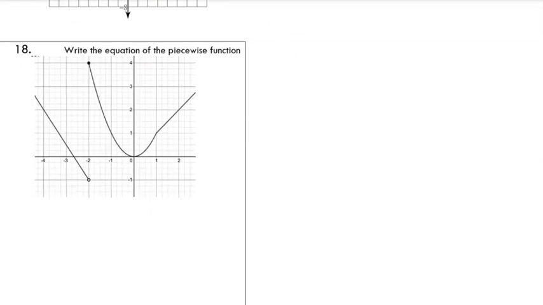Write the equation of the piecewise function. There should be arrows here. Okay, so f of x, or you can put y, equals, looks like there's 3. Let's start with the leftmost one. That looks like a linear function, and it's where x is less than negative 2.